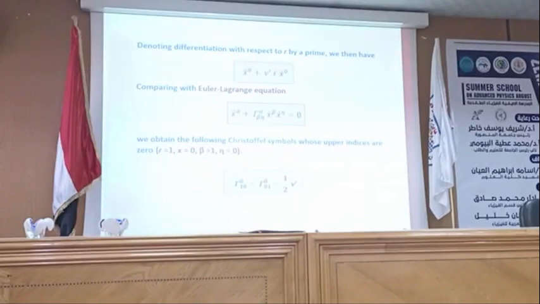Now I will compare this equation with this equation. Look, here r is what? Here r is the first dimension, r equal to 1. x0 is the 0 dimension, or whatever you call it, the t dimension. So if I compare this, this is 1 and this is 0. This is dimension 1 and this is dimension 0. Of course, beta and eta are equal to 1 here.